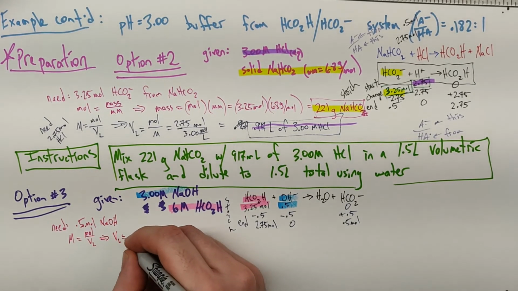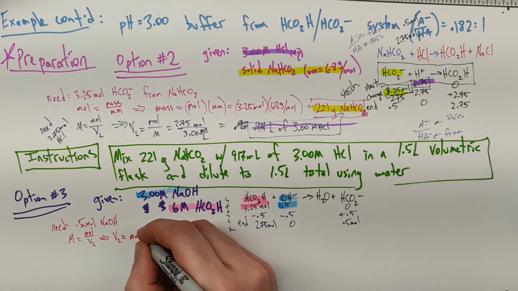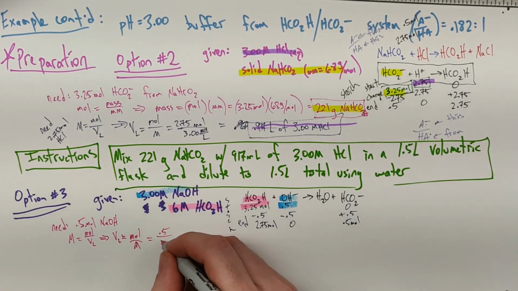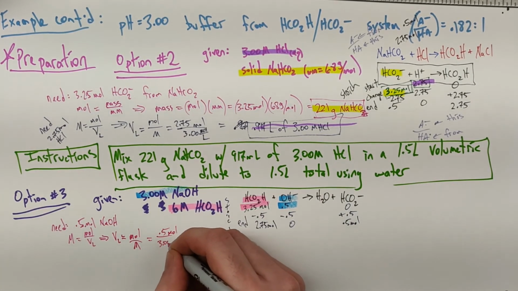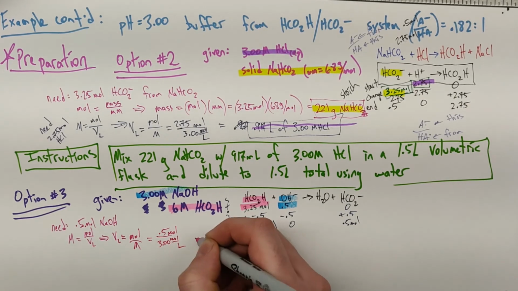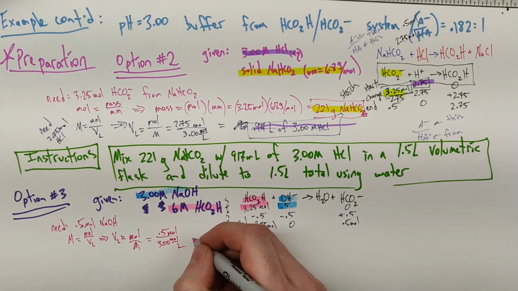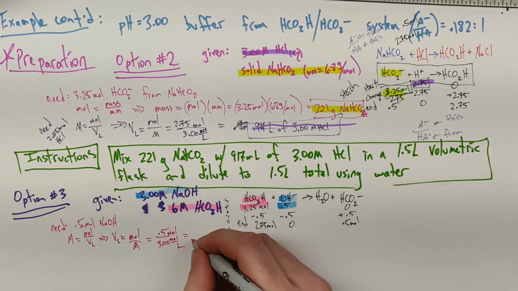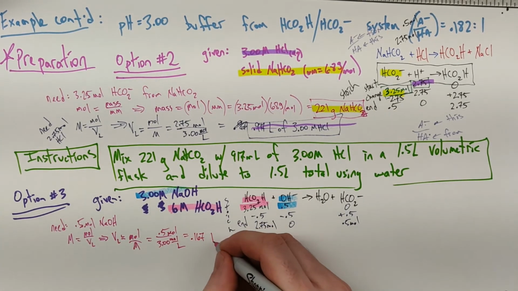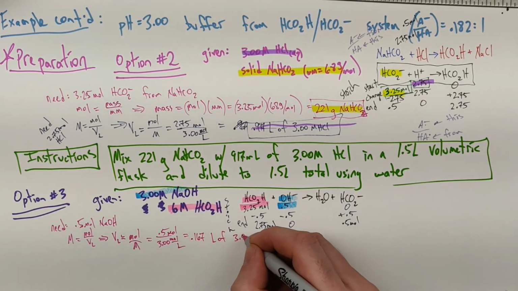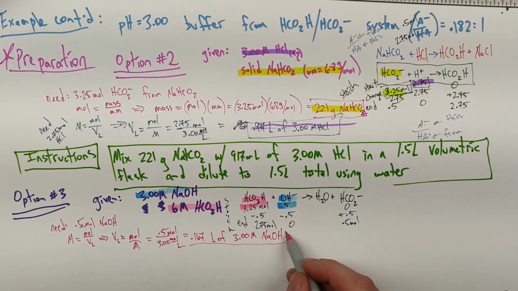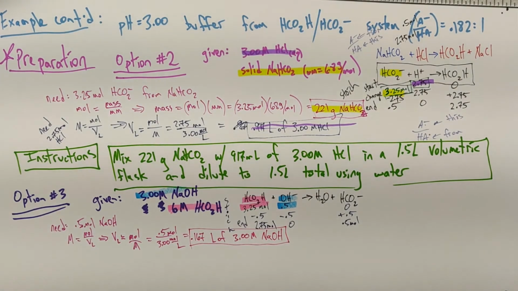Our volume is going to be our moles over our molarity, and that is 0.5 over 3. And so that ends up being 0.167 liters of 3 molar. Alright, that is part of our recipe, 167 milliliters of our base.